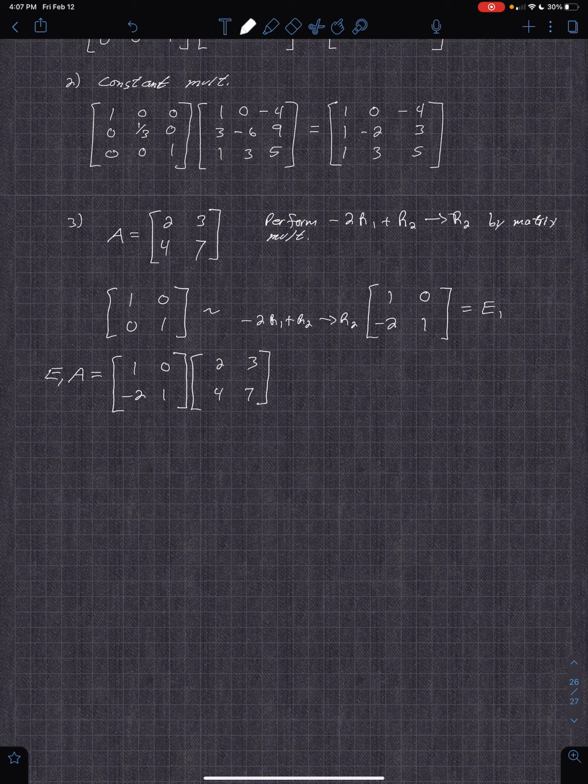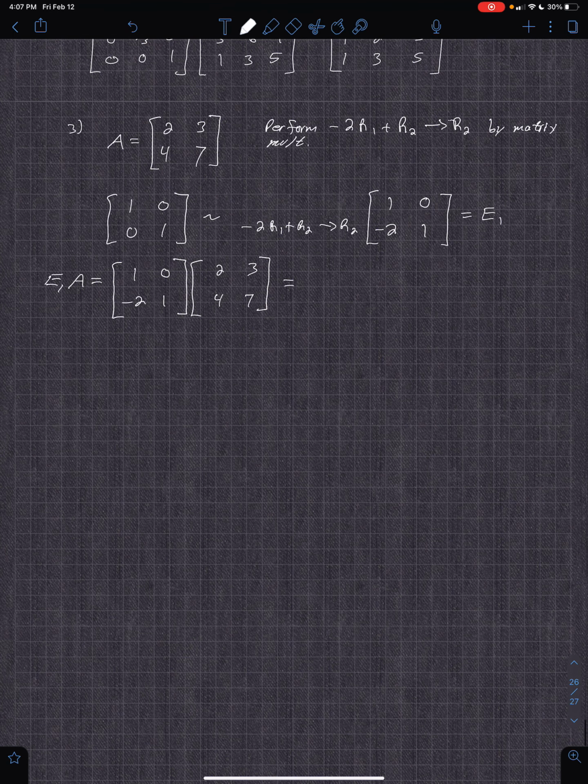Now, this is what I'm going to do. Before you do that product, let's do the operation on A. So let's take A. So A is 2, 3, 4, 7. And let's do the operation like I just said there. Negative 2 row 1 plus row 2, and place it back in row 2, and then see what you get.